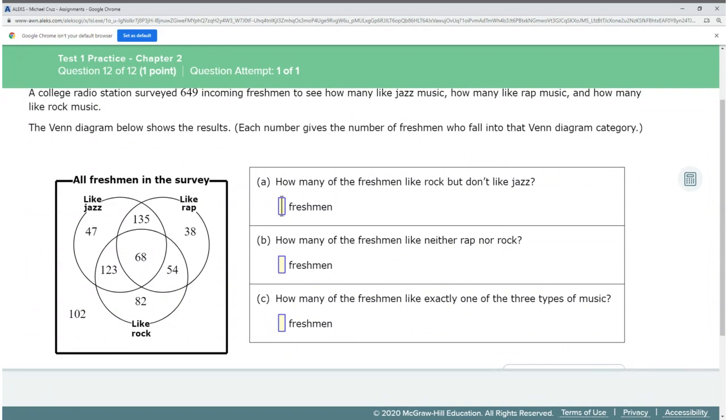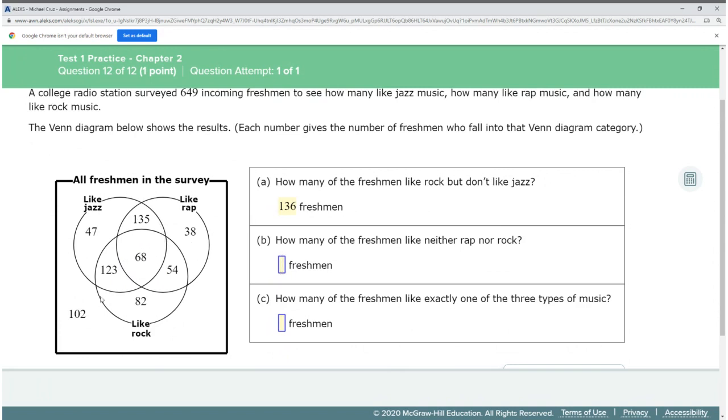How many like, oops, what happened? How many like neither rap nor rock? Well, these right here, anything in the 2 circles is rap or rock. So the nor, are these folks that like jazz only and the 102.